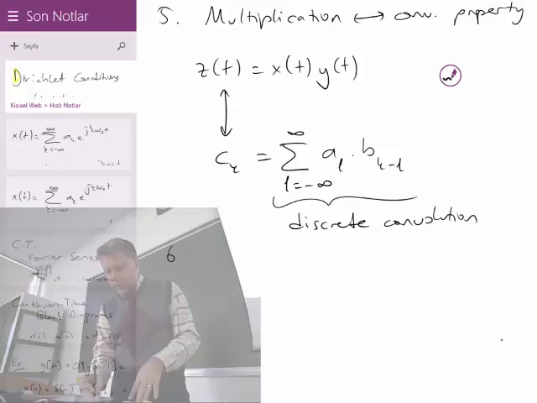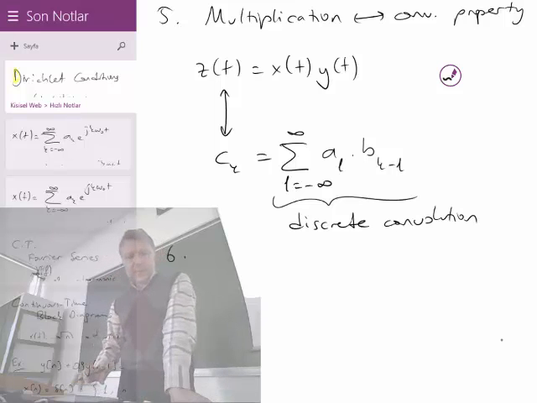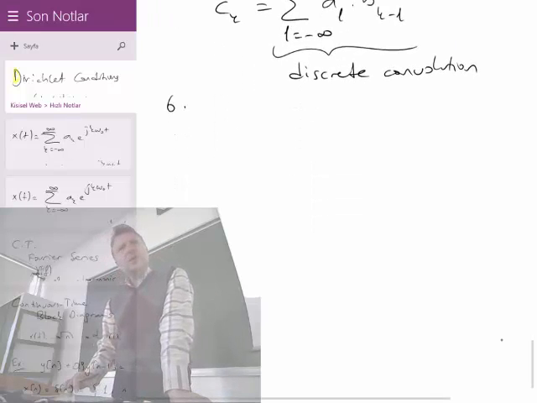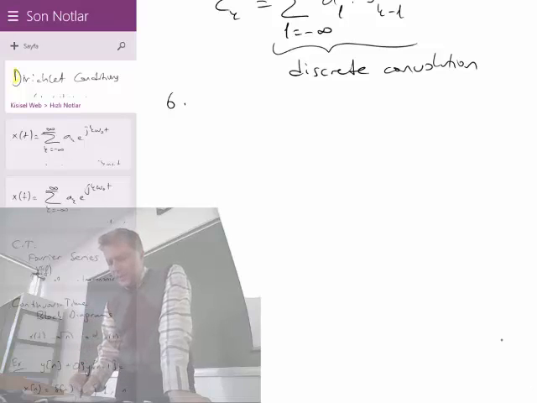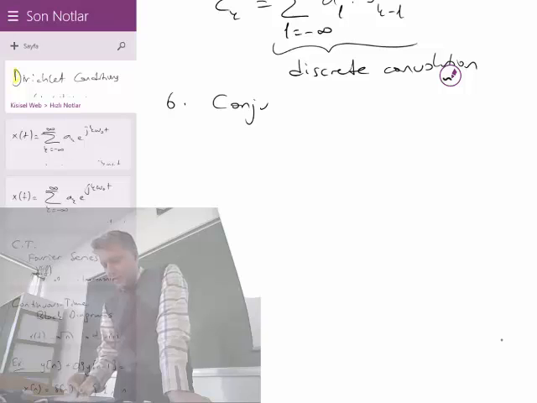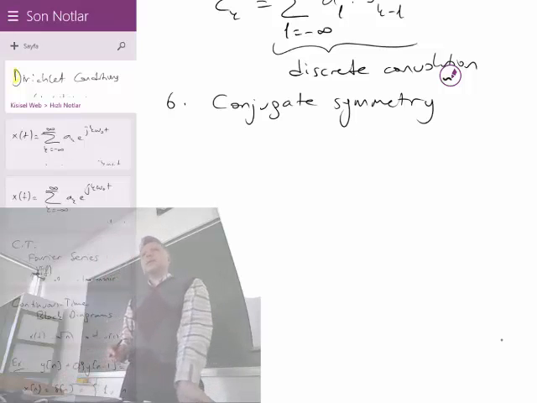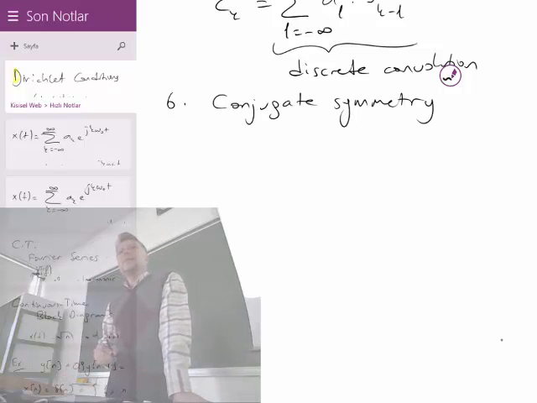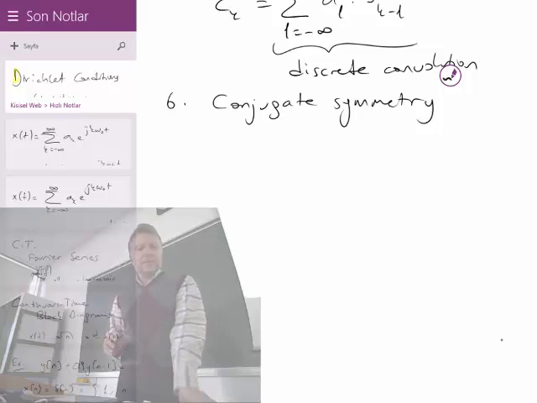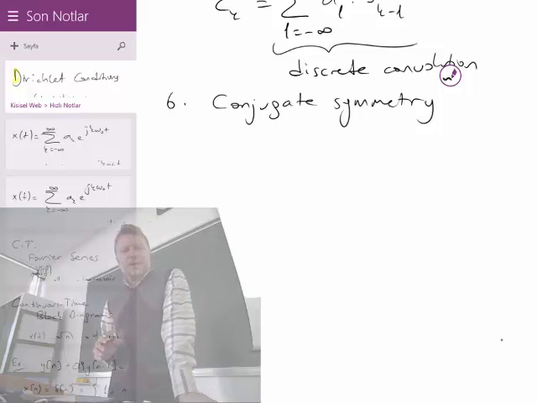And we will continue with the next property. That is the conjugate symmetry, but I have already mentioned that. Let's remember what we said. Well, it's actually saying that if you have an even signal, then the Fourier series coefficients will be, in fact, real.